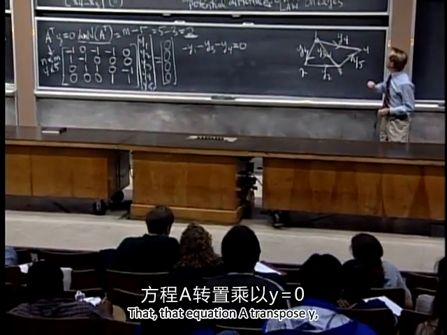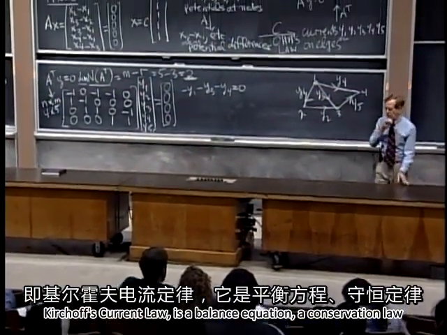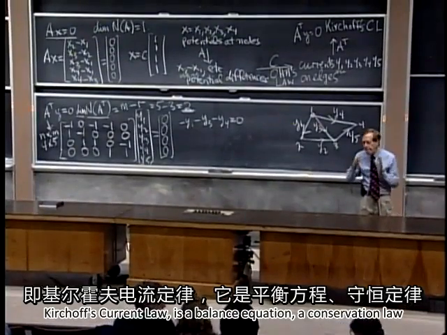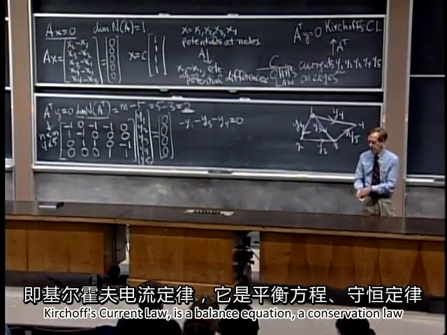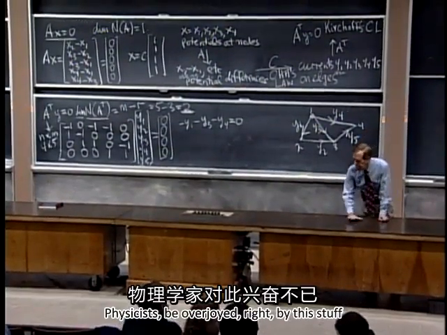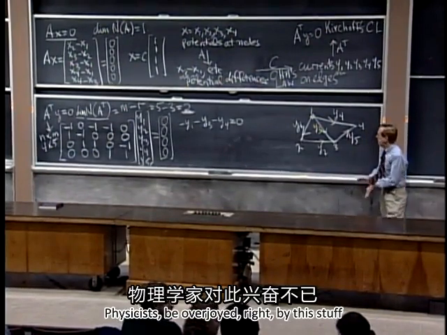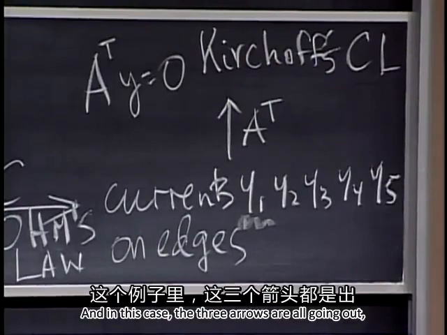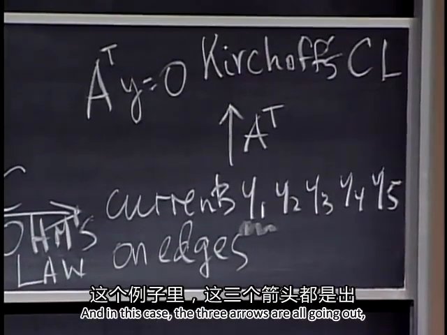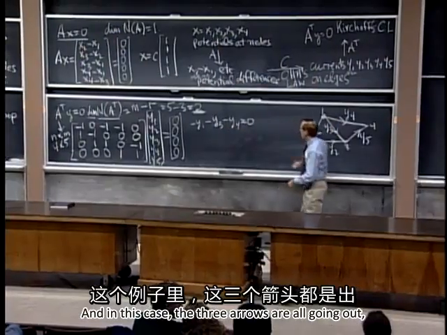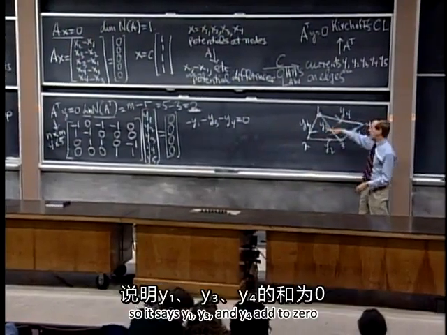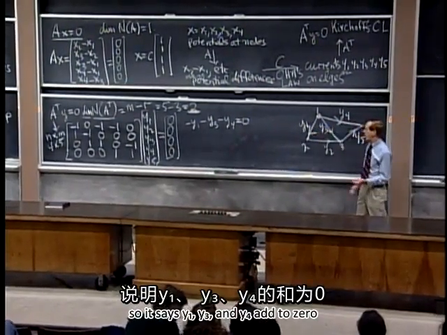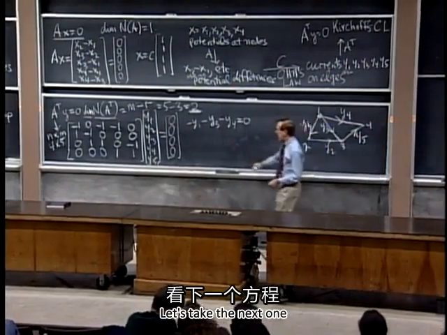That equation, A transpose y, Kirchhoff's current law, is a balance equation, a conservation law. Physicists would be overjoyed by this stuff. It says that in equals out. And in this case, the 3 arrows are all going out, so it says Y1, Y3, and Y4 add to 0.